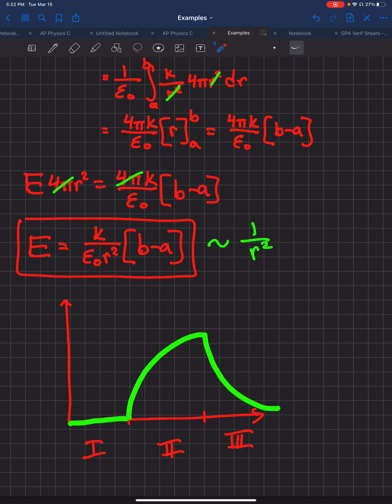Now notice that as your R increases, you're no longer gaining electric field. You're actually losing it, because now this is just a 1 over R squared graph, since there's no R in the numerator anymore. And what does that look like? It just looks like this. So this is a general plot of what the electric field would be doing on the inside of the shell, in the middle of the shell, and outside of the shell.